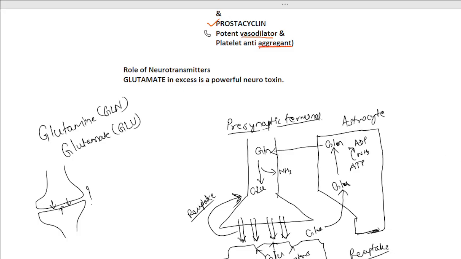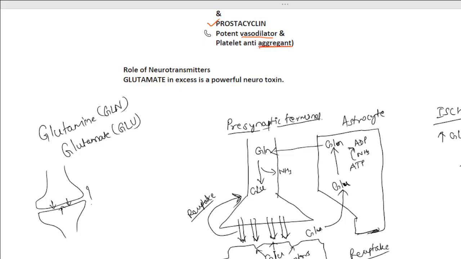Okay. Now, if you see the ischemic condition, what is happening in ischemia? Increased glutamate, okay, increased glutamate, either through release or less uptake, okay.